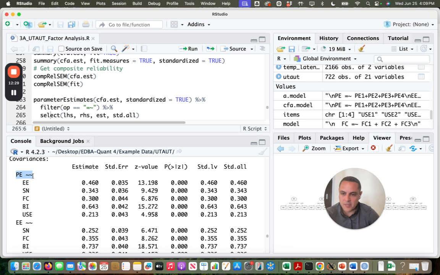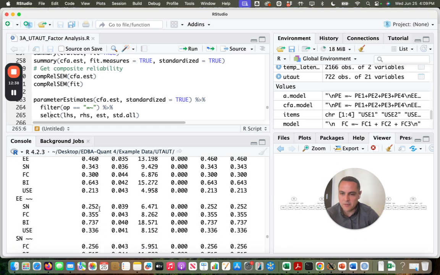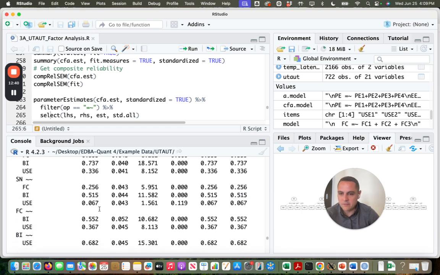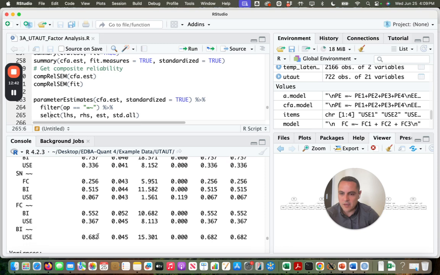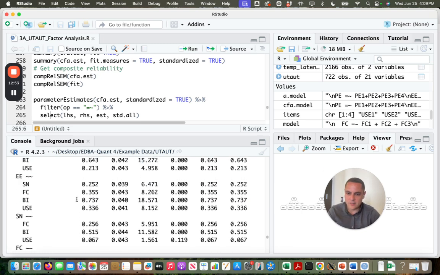You can see PE and BI covariances. That would be a higher correlation. Same thing with BI and use, 0.682, moderately correlated there as well, and then EE and BI, pretty high correlation there as well.